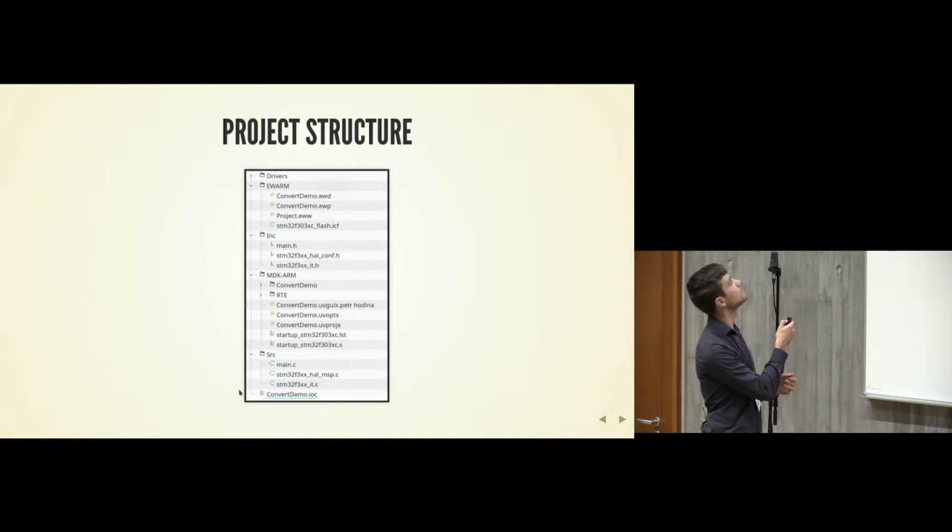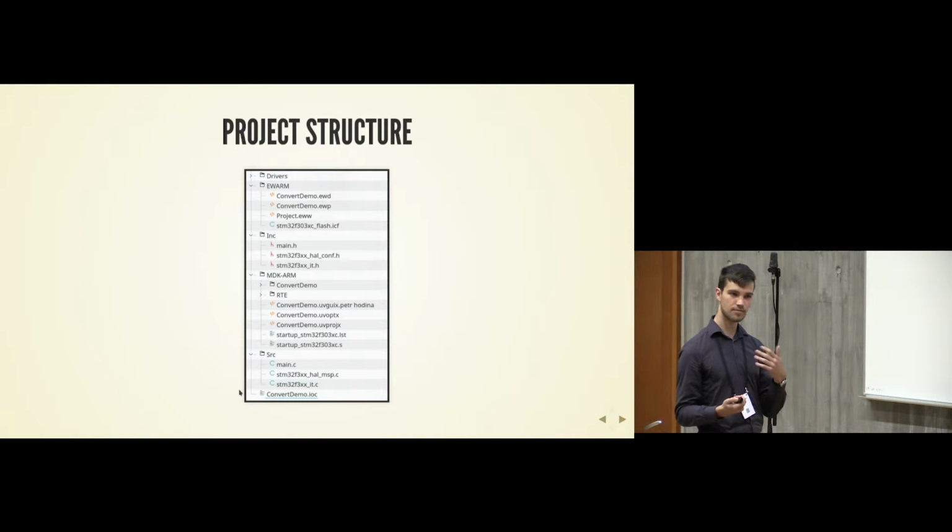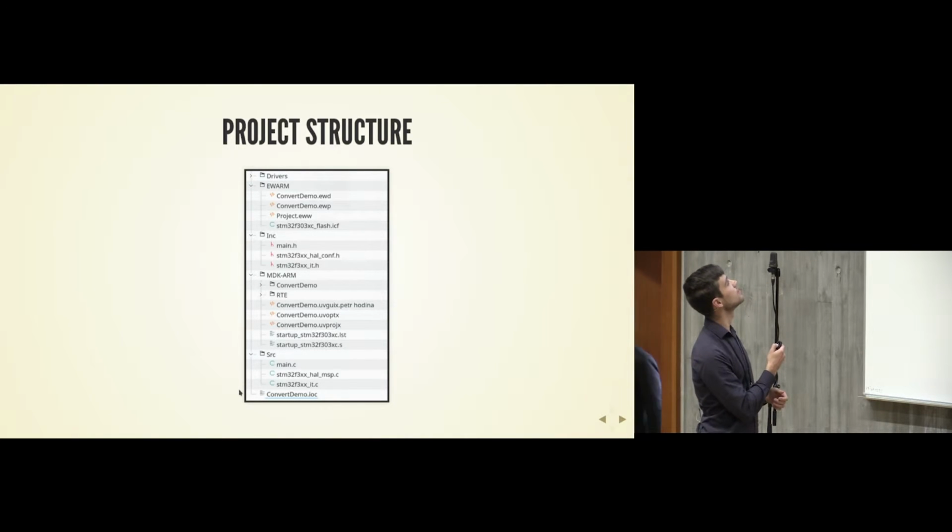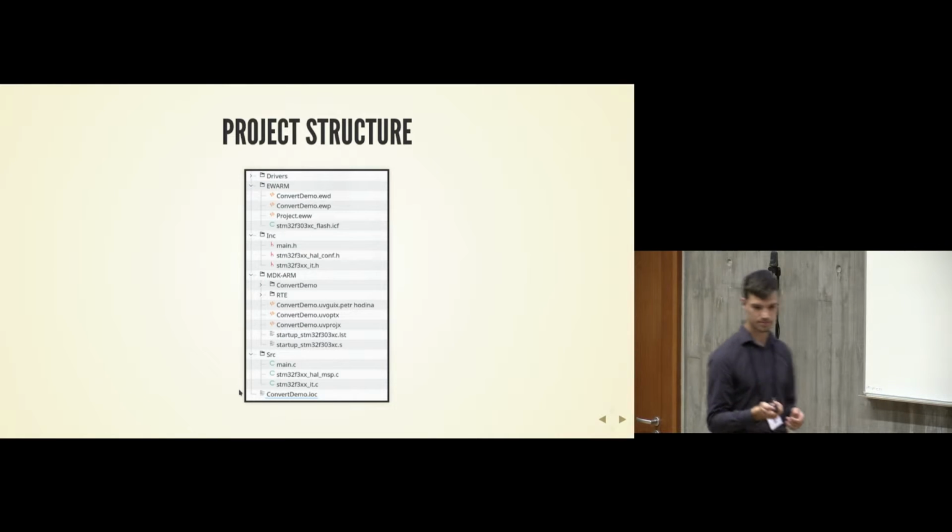Then there is the EWARM. It has the project settings for the IAR IDE. Then there is the include directory. Here are the header files. Then there is MDK-ARM. This is for the Keil IDE. And lastly, we have the source files.